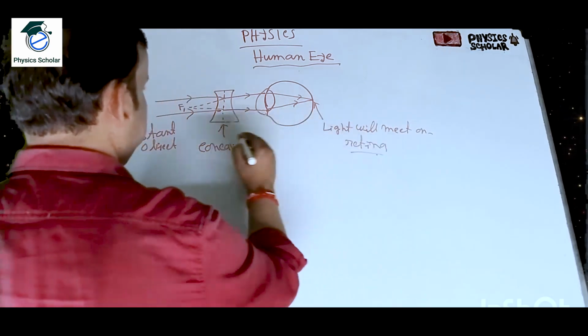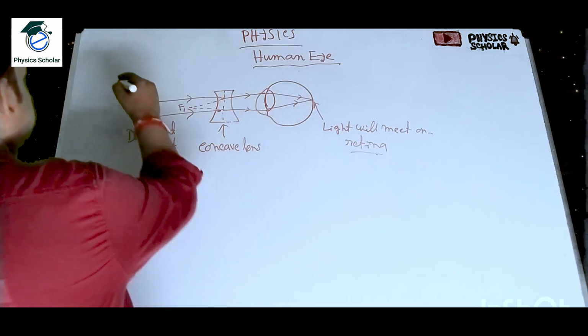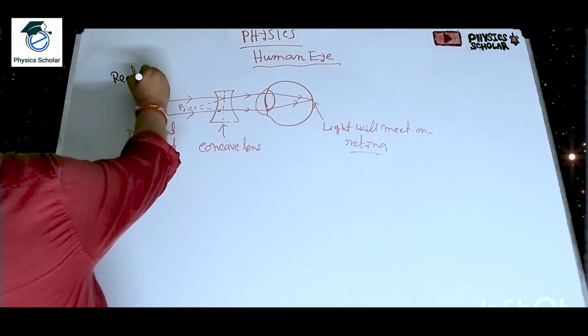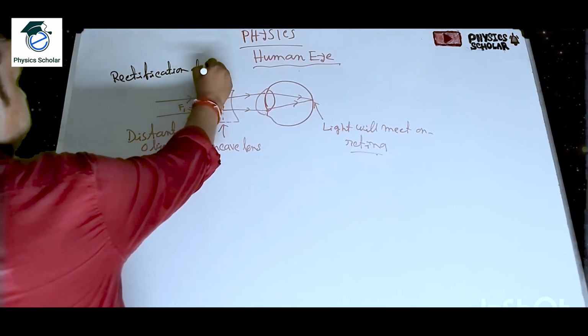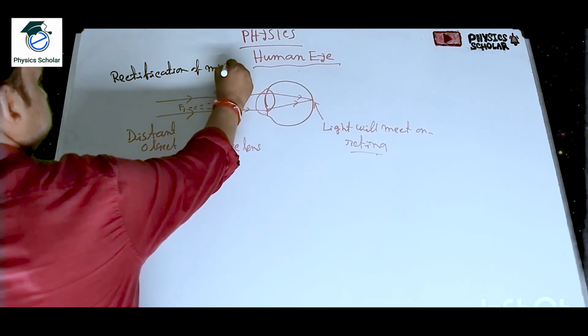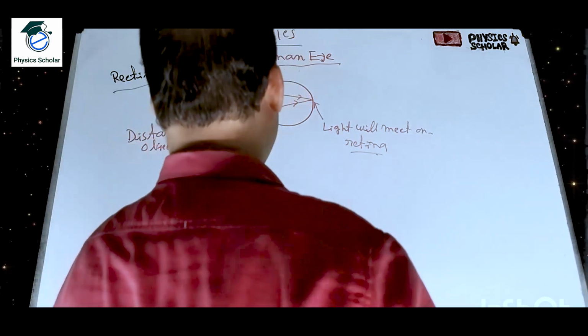Clear? Okay. So that is the rectification of myopia. Clear? Rectification of myopia.